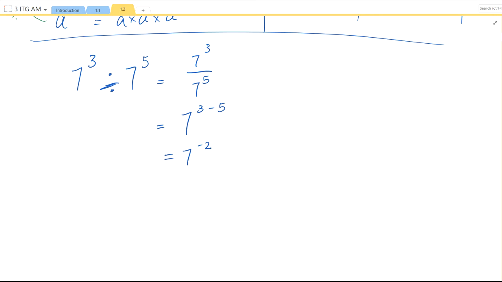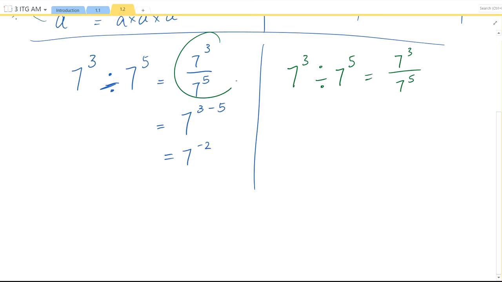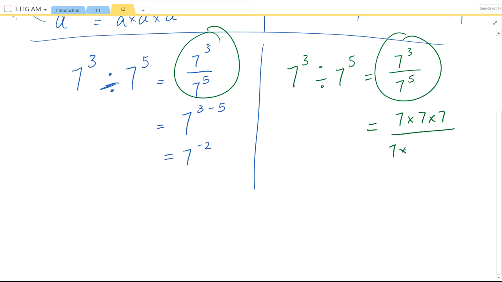Let's try and think about this question in another way. Again, I've got 7 to the power 3 over 7 power 5. Notice that the steps are the same. But now, instead of applying my laws of indices, let's have 7 times 7 times 7 in the numerator and 7 times 7 times 7 times 7 times 7 in the denominator, so there are 5 of them.